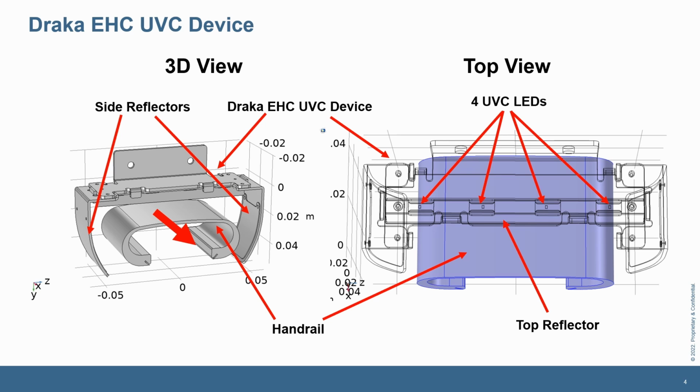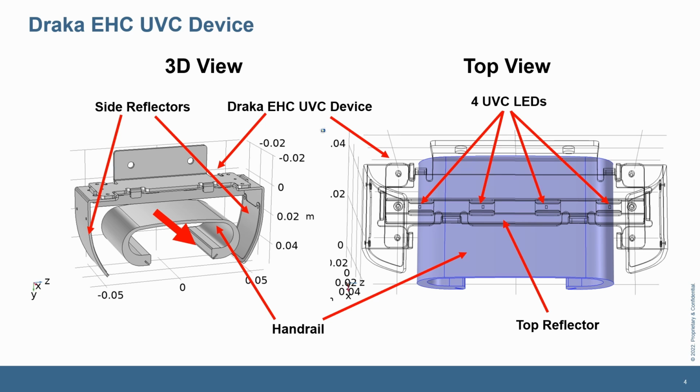This device had 4 UVC LEDs. LED is not like the earlier mercury vapor discharge lamp. LED has some more advantages, such as no mercury, no long heat-up time, and small size.